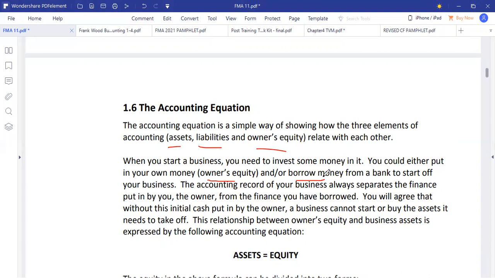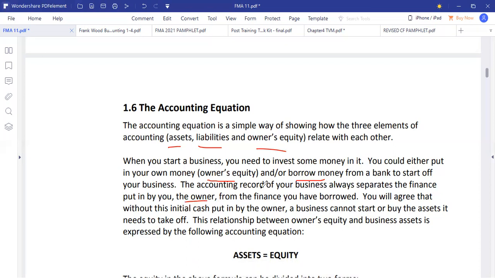So the accounting equation of a business will always separate your finance into two: the owner from the people we borrowed from. So you should agree with me that without that initial cash put by the owner, a business cannot start. So it needs capital.